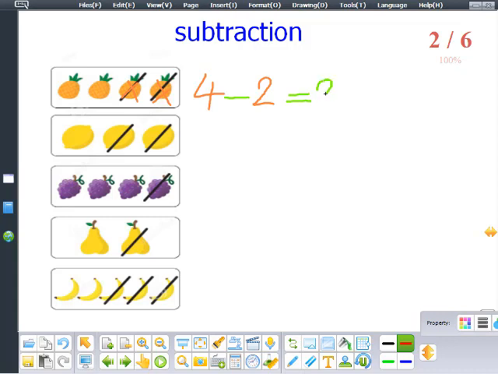Let's write it in orange too. 4 minus 2 equals what? Equals 2. Excellent. So 4, when I take away 2, how many remain?